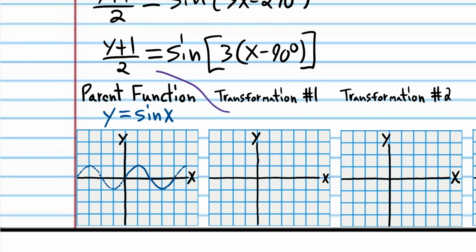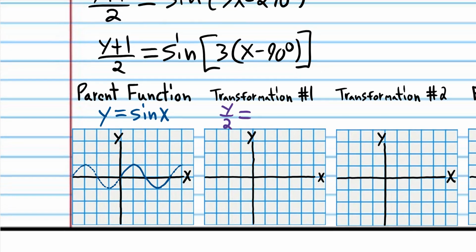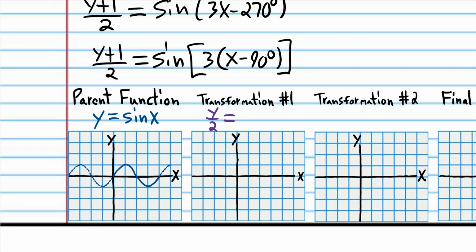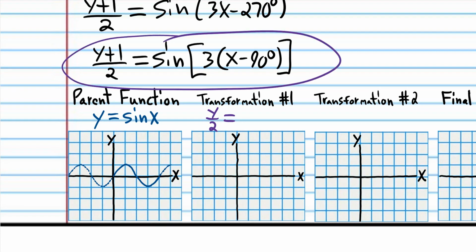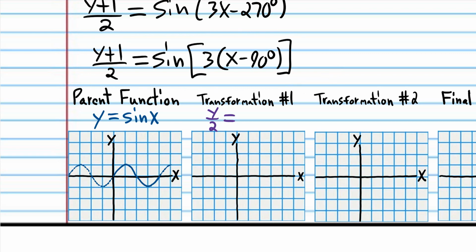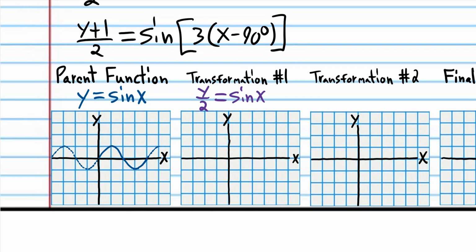So now you see we have y plus 1 divided by 2. It's very important that you do this in a particular order. We're always going to dilate first if our equation is in this form. So I'm going to divide y by 2. And I know what to do in that situation, because when you divide y by 2, you multiply all the x values of the corresponding graph by 2.